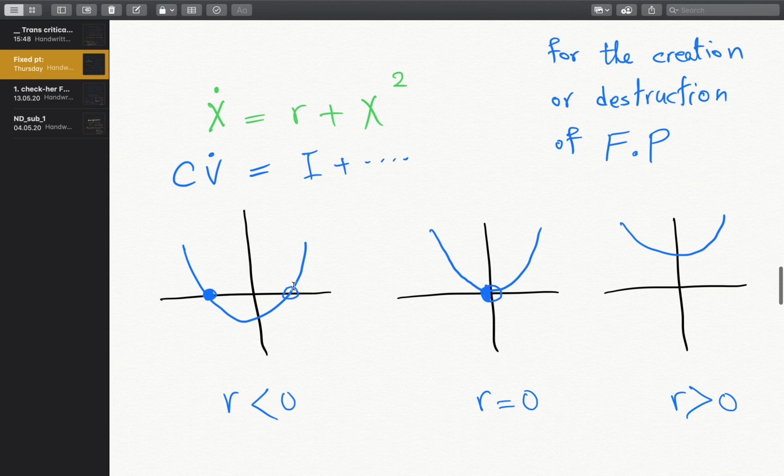Therefore, you have two fixed points. If r is equal to 0, then x dot is equal to x squared. Therefore, you just have one crossing here, one tangent intersection actually. And if r is positive, then you do not have any intersection.